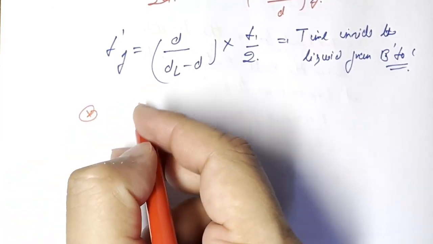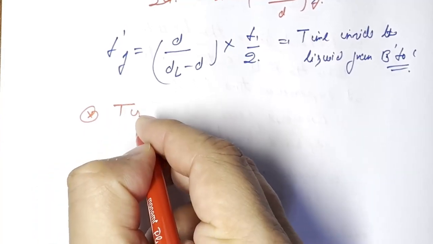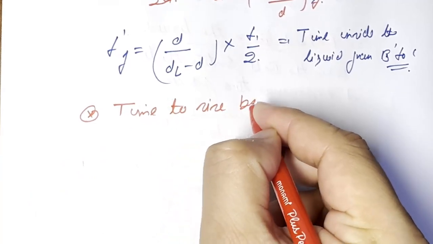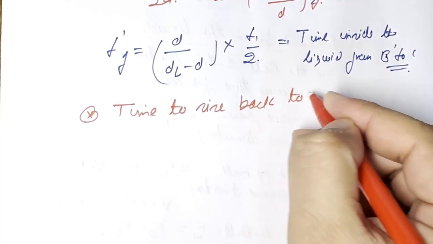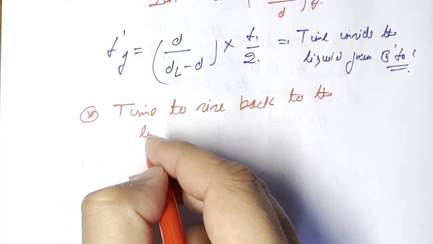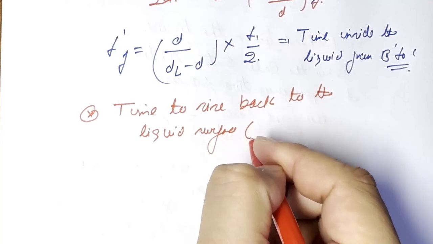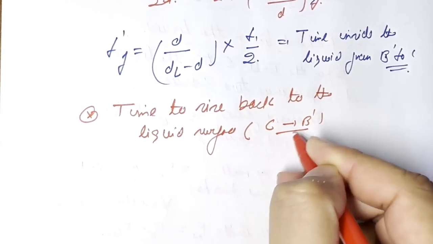So we say time to rise back to the liquid surface, which basically means from C to B prime.